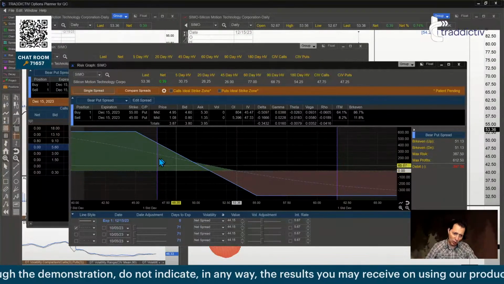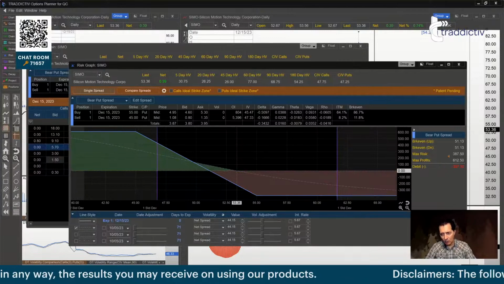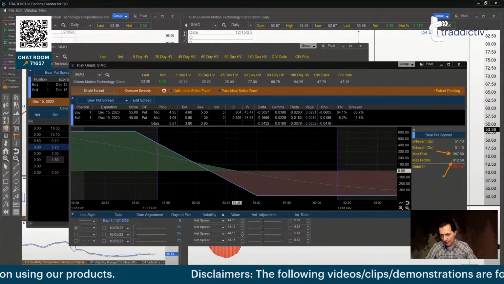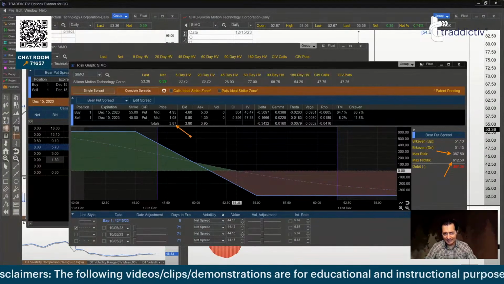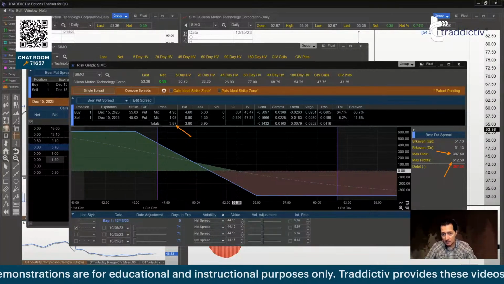So as long as the stock goes down, I go in the green. If the stock goes up, I go in the red. The most I can lose is 387. The most I can make is 612. Why? Because this trade is costing me 387. It's a debit. So the most I can lose is the debit.